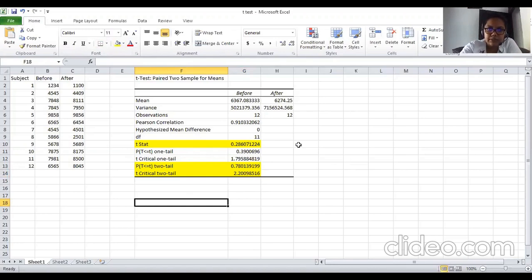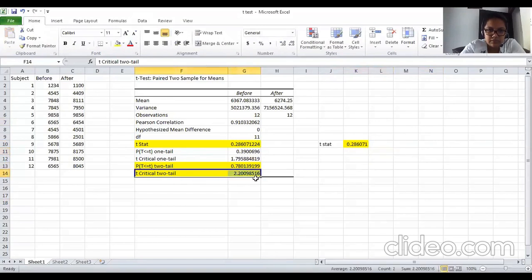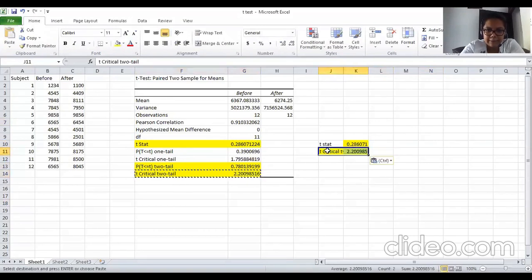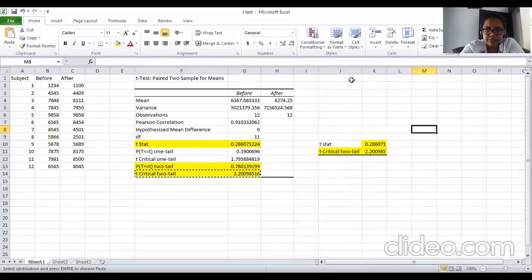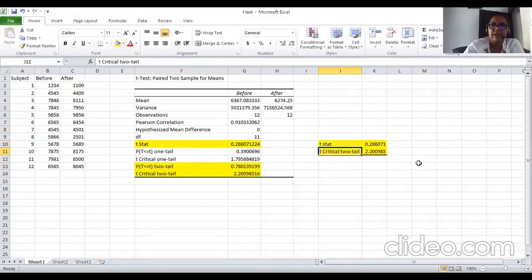Here, the t stat value is 0.28, and the t critical value is 2.200985.